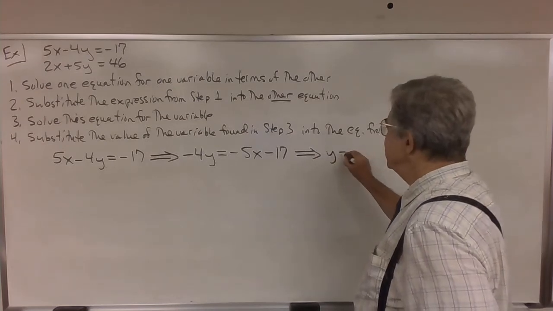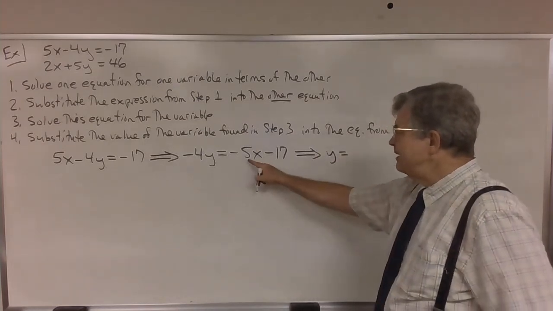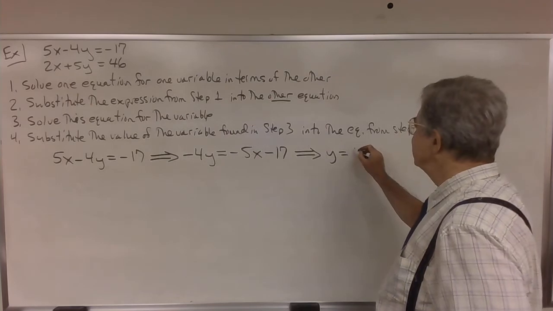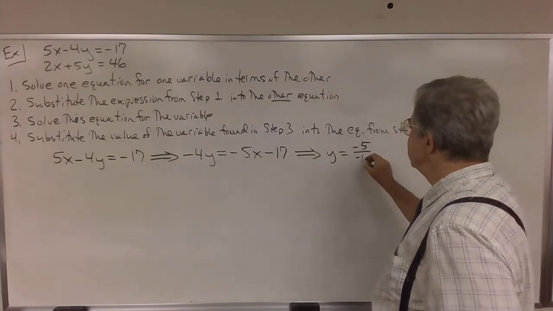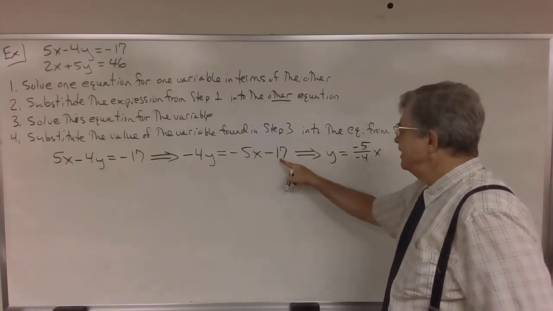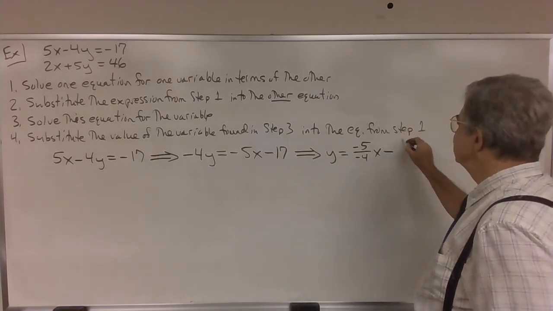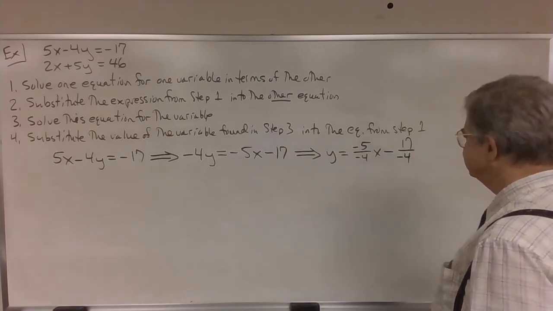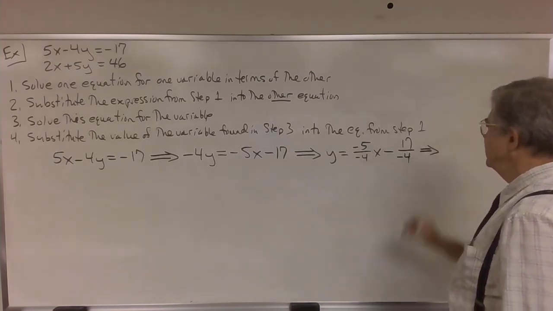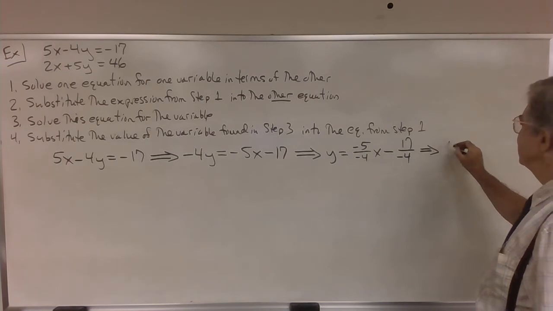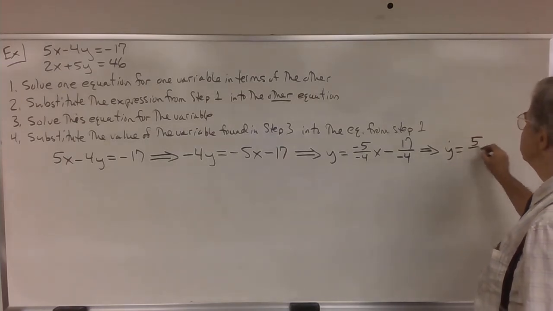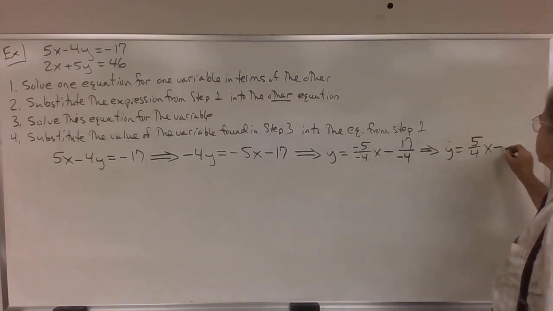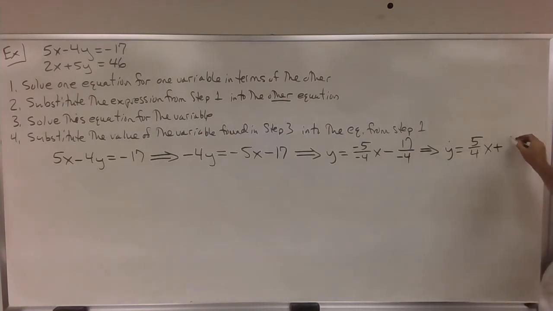So I have y equals negative 5 over negative 4 x minus 17 over negative 4. And that's y equals 5 over 4 x plus 17 over 4. This is looking downright creepy, you know that?